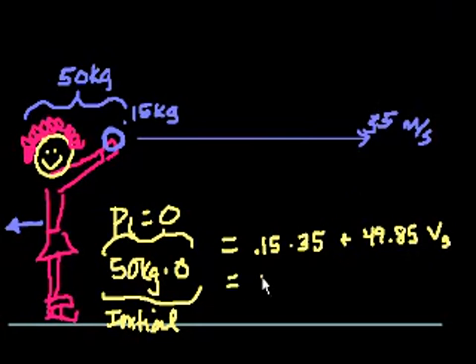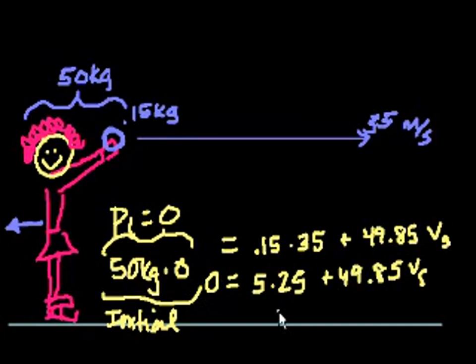So 5.25 plus 49.85 times the skater's final velocity equals 0, because the initial momentum was 0. Let's subtract 5.25 from both sides, and the equation becomes minus 5.25 is equal to 49.85 times the velocity of the skater.